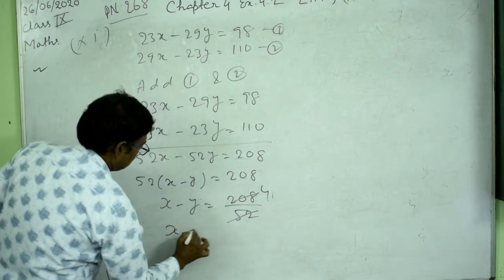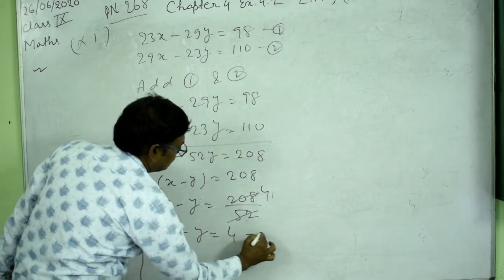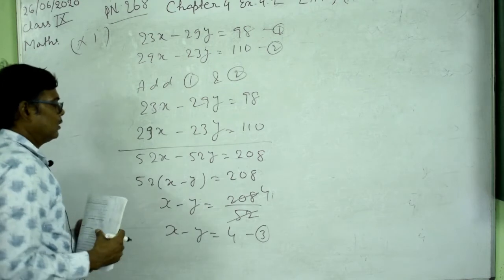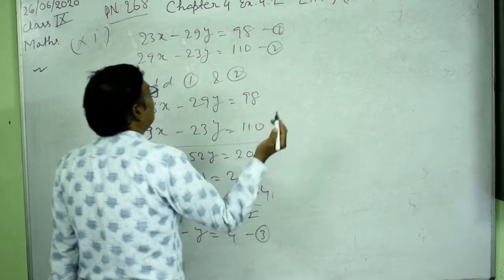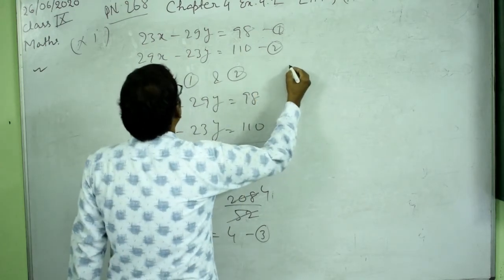So x - y = 4. That is, you have got another equation, not the answer, but another equation. And next, subtract 1 and 2.